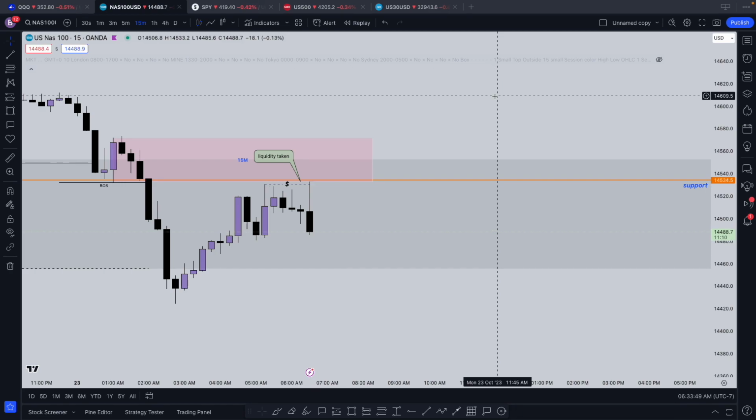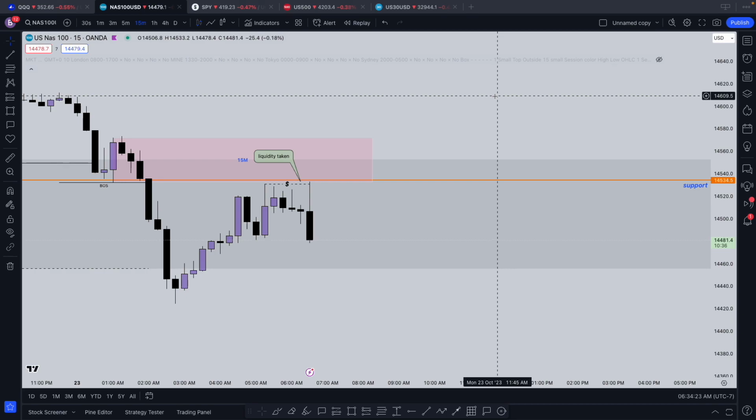Inducement is pretty much just trapping as many traders as they can, playing with unimportant structure, right? So anybody who tried to play to the downside before this move at the New York Stock Exchange open was probably stopped out. So we're just taking all that liquidity. Liquidity could be obvious places where money is just sitting, so where people have their stop losses. So we can add fuel to the fire for it to continue in the intended direction.